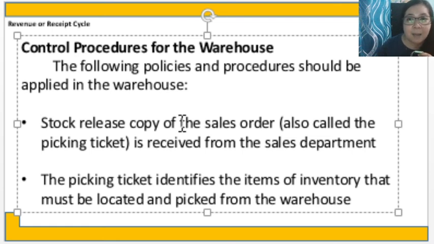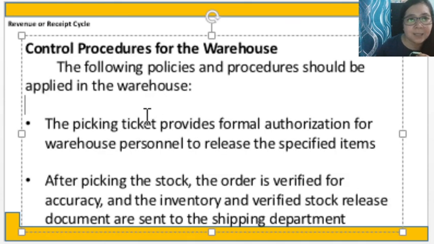Another is the picking ticket will identify the items of inventory that must be located and picked from the warehouse, specifically the items ordered by the customers. Next, the picking ticket will provide formal authorization for the warehouse personnel to release the specified items or inventory.